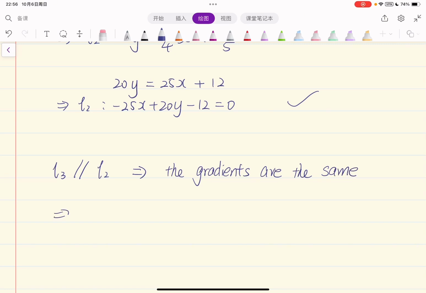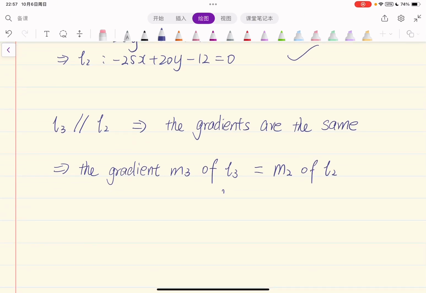So the gradient of L3, which we call m3, equals m2 of L2.